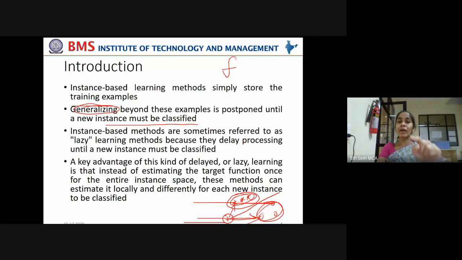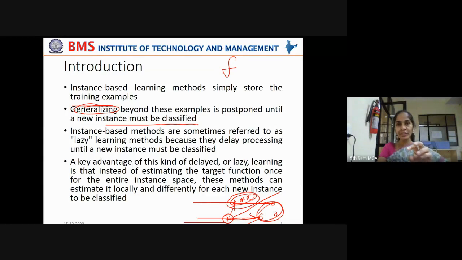But that kind of continuous learning doesn't happen in instance-based learning. In instance-based learning, all the training examples are initially stored, and generalizing beyond these examples is postponed till the end, until a new instance is given to be classified.